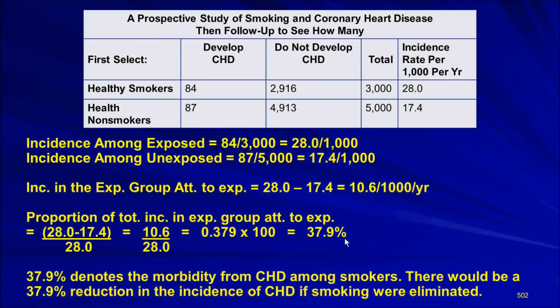Now notice a proportion that if they didn't engage in the behavior, what it would do. Okay, so 37.9% denotes a morbidity from coronary heart disease among smokers.